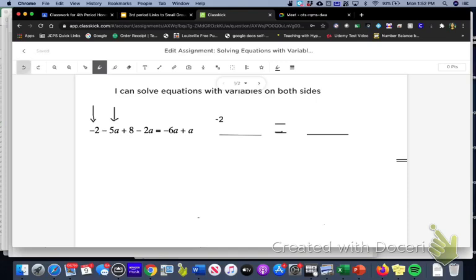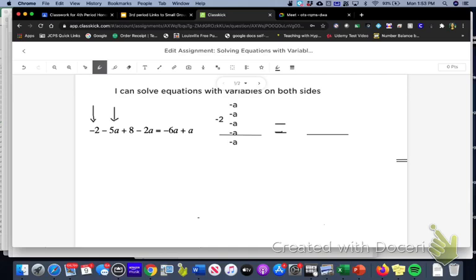The easiest way to build a model of that is to make a little text box and put 1, 2, 3, 4, and 5 negative a's, because this means that I have 5 a's, but those are negatives.